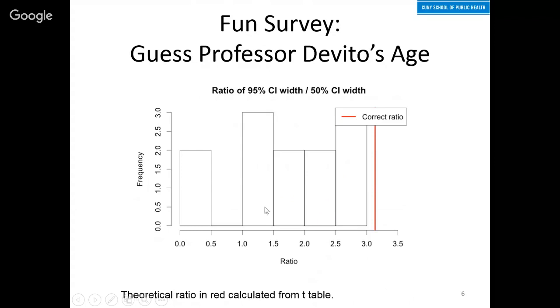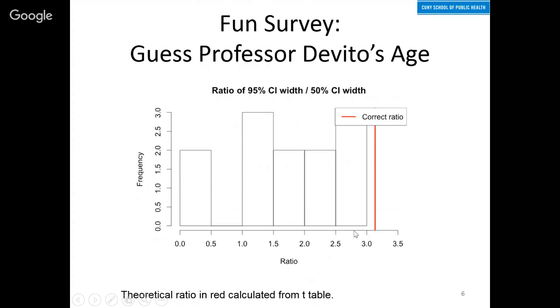Most of you were right in that almost all of them have a 95% confidence interval that is larger than the 50% confidence interval, but there's not much of a difference.